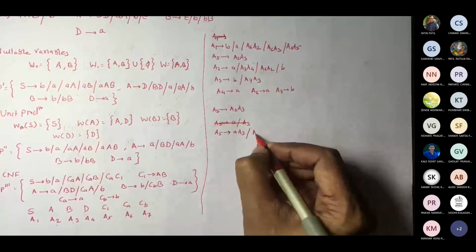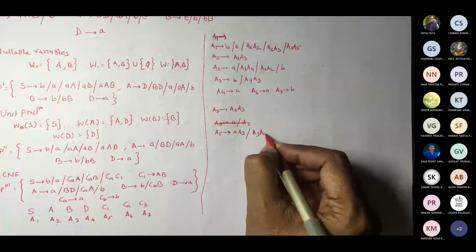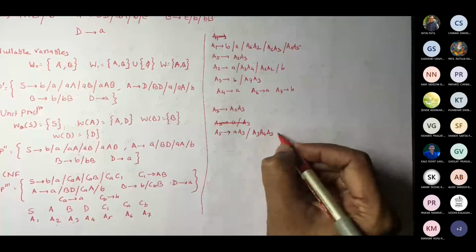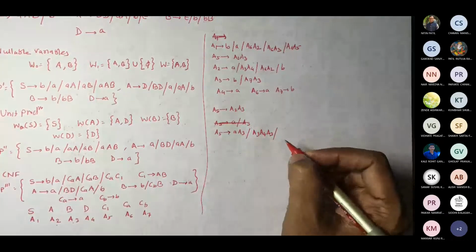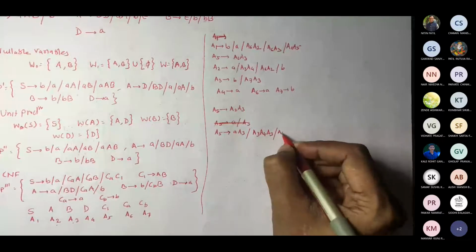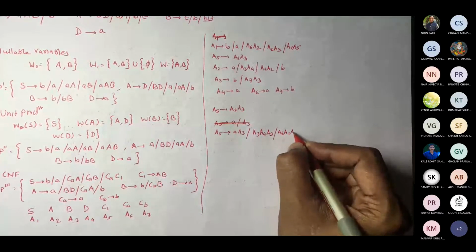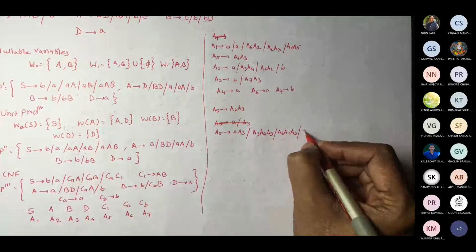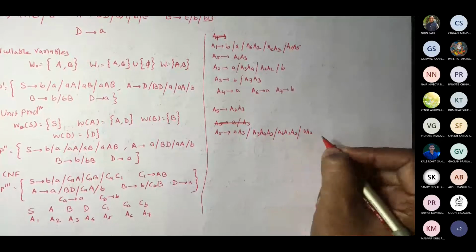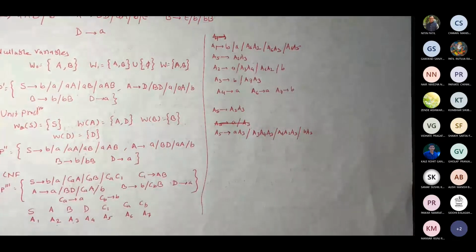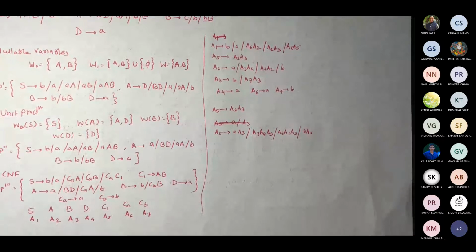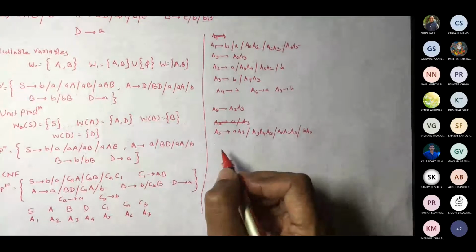Then A3, A4, A3. Then A6, A2, A3. Then BA3. Correct?